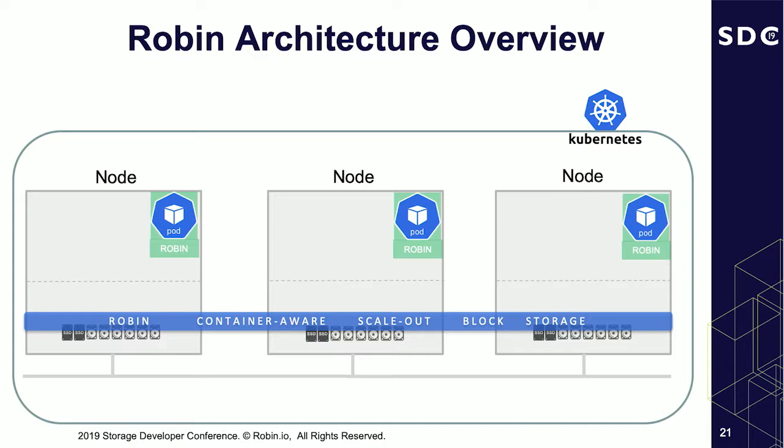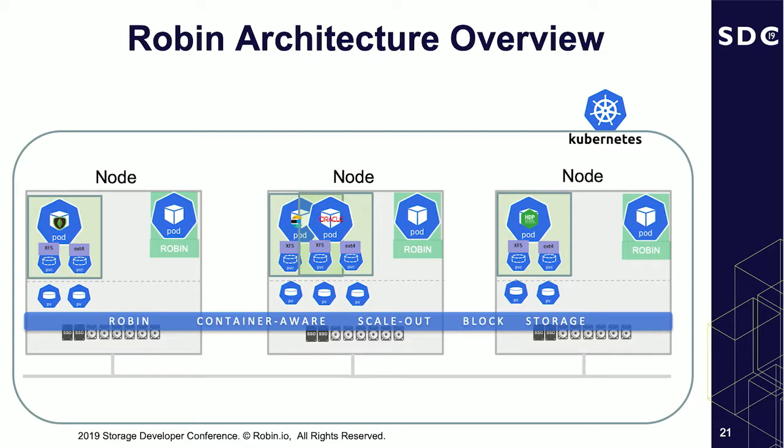And once the user has given us that input, Robin basically sets up a container-aware scale-out storage solution, and Robin registers a storage class with Kubernetes, using which it's able to provide persistent volumes to the pods which are deployed on the nodes, right?